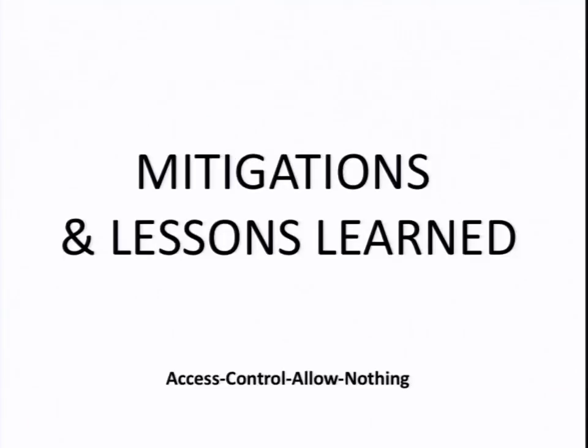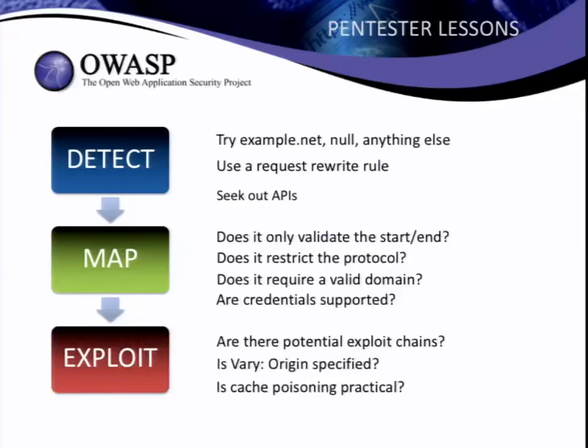Okay, what have we learned? Well, as a pen tester, the core to finding these issues is to look for them. Just bear in mind that you may well get no CORS related headers back from the server until you come up with an origin that the server has whitelisted.